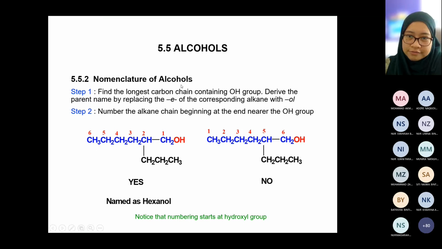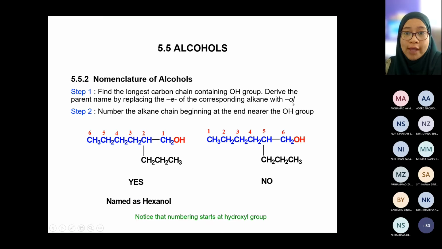Nomenclature of alcohol. First, like always, you have to find the longest chain containing the OH group. The OH group must be included in the parent chain, because later the parent name has to be replaced with OL.